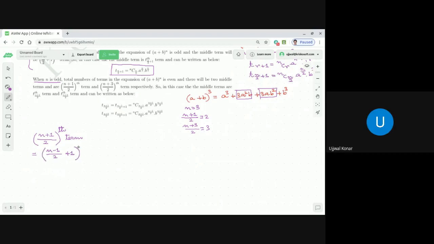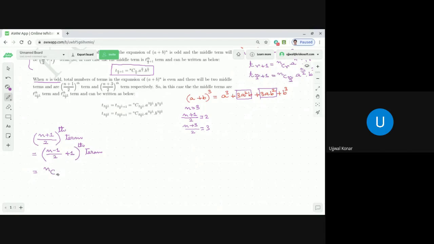Why do I write it like this? Because we know the formula for the (r+1)th term. As it is the ((n-1)/2 + 1)th term, in terms of r we should write r = (n-1)/2.